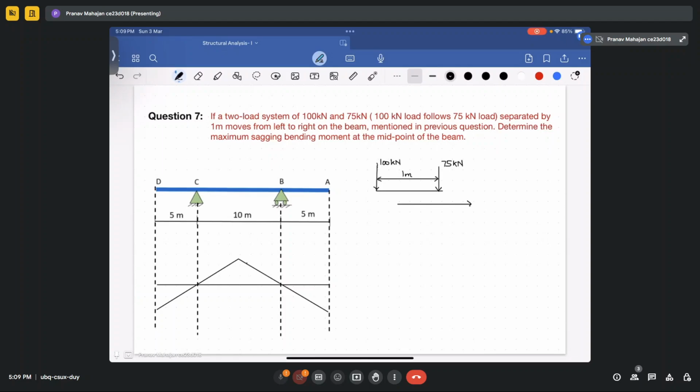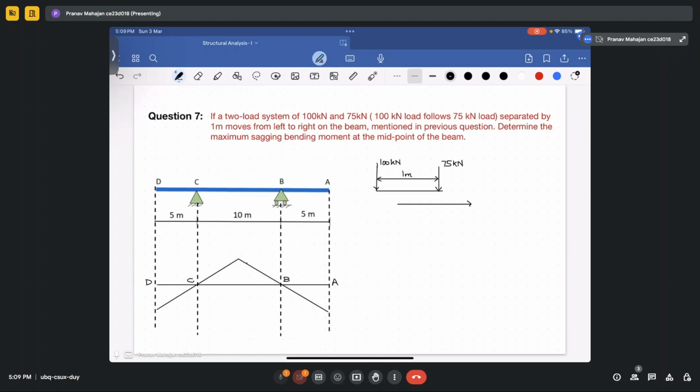Now there are two cases in which I can place the loads to get the maximum bending moment at the midpoint of the beam. So this is point D, point C, point B, and point A.